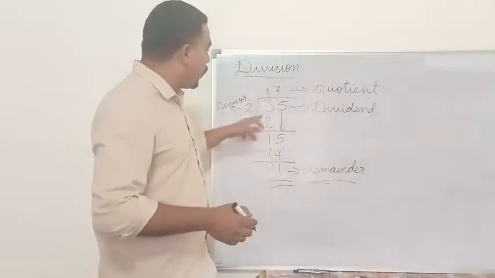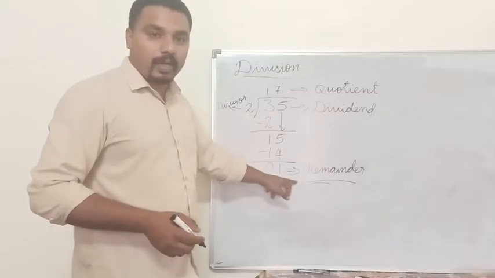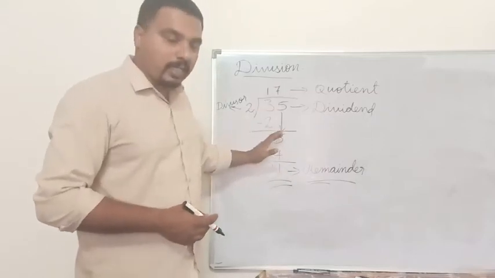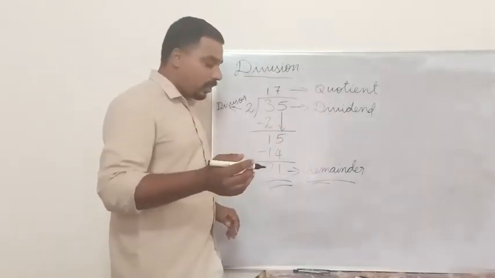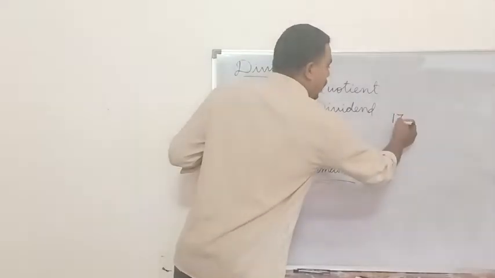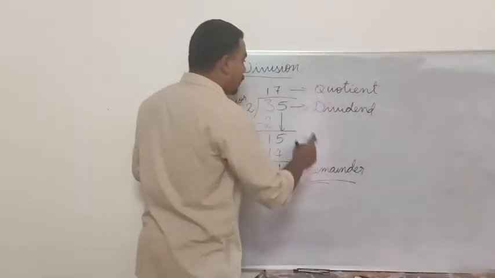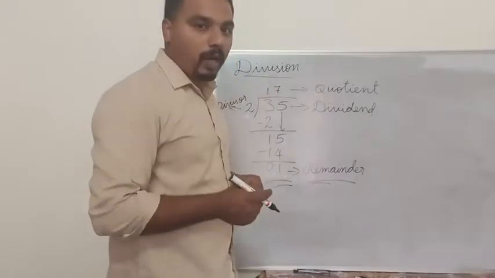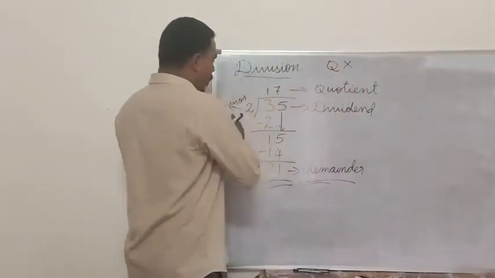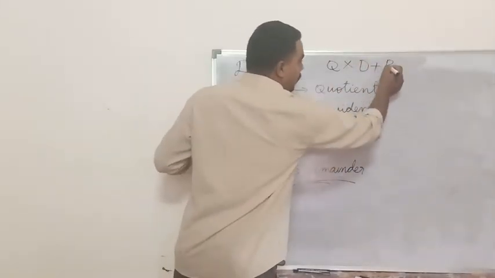Here we have got a quotient, divisor and remainder. We need to check whether the division is correct or not. How can we check this? By multiplication. There is a small formula for that: quotient into divisor plus remainder.